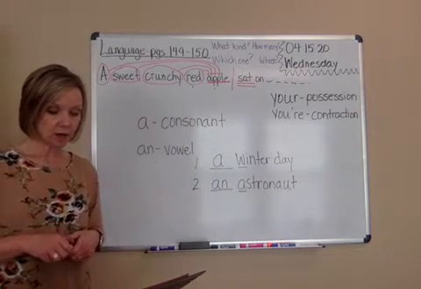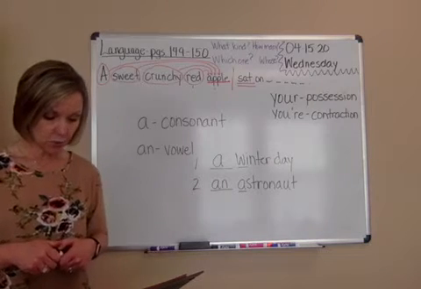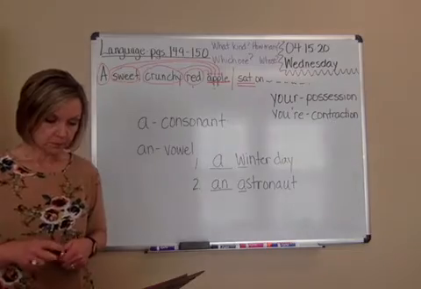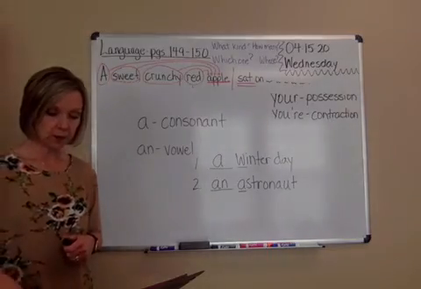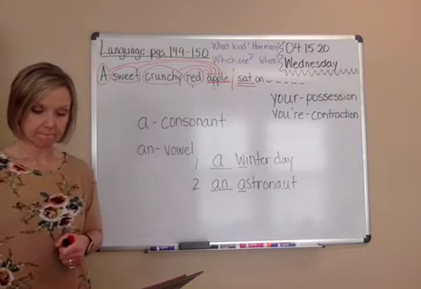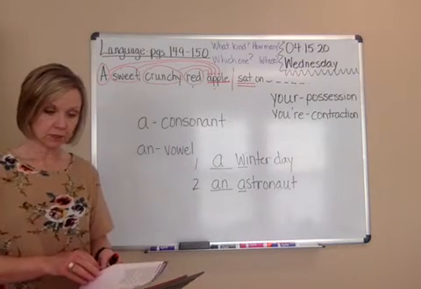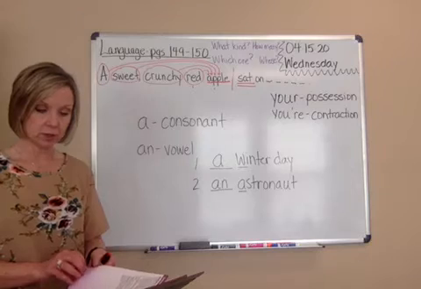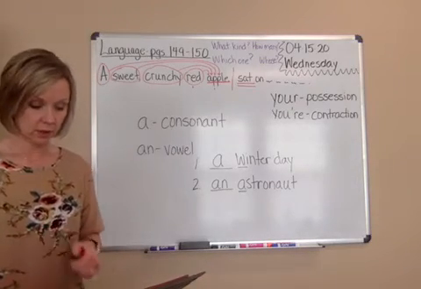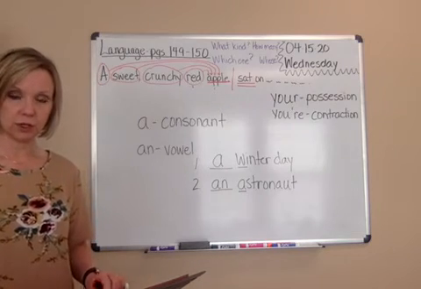Remember D, underline the correct word in parentheses. Okay, and those are your word usages there. All right. And if you have any questions about those, you are welcome to look at the back of your book as far as your word usage in your glossary.